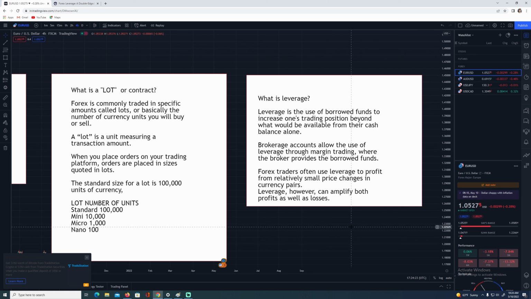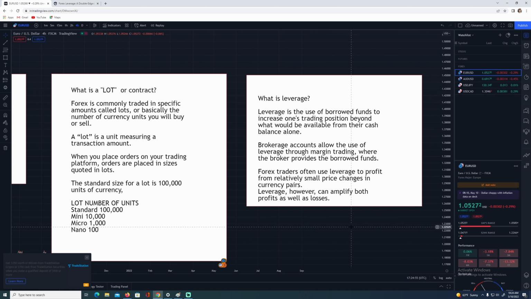So where are we borrowing money from? Well, brokerage accounts allow the use of leverage through margin trading, where the broker provides the borrowed funds. So you're borrowing funds from your broker, whoever you make an account with. For example, I have Forex.com. I'm not being sponsored by them or anything. That's the broker I've used since I started trading.